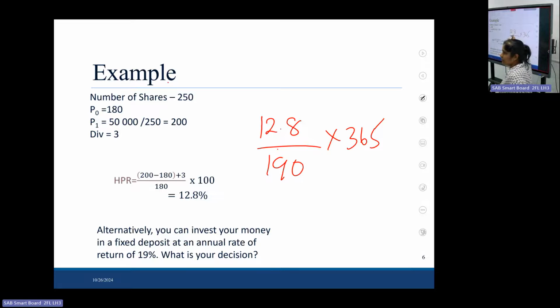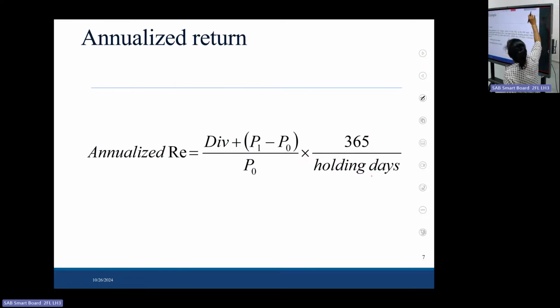So now we have already calculated the holding period return. Then simply you can divide it by holding days and multiply it by 365. That will give you the annualized rate of return for the investment by applying this formula. So how much is the annualized rate of return?